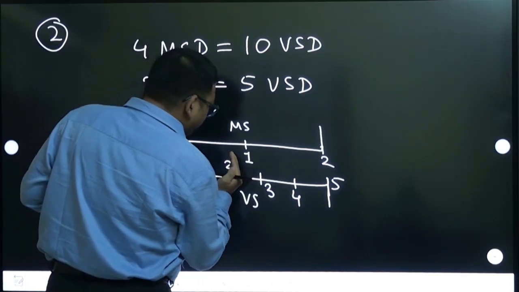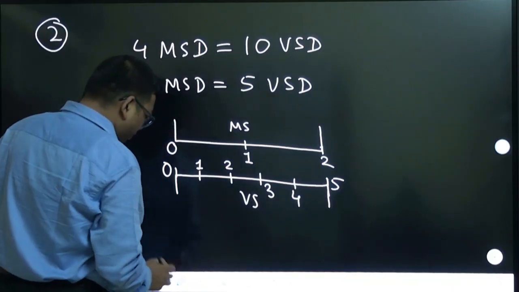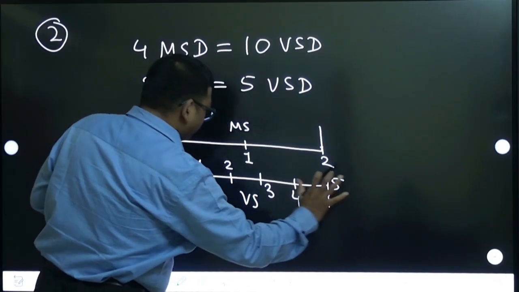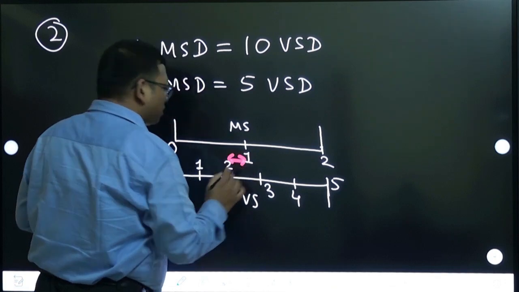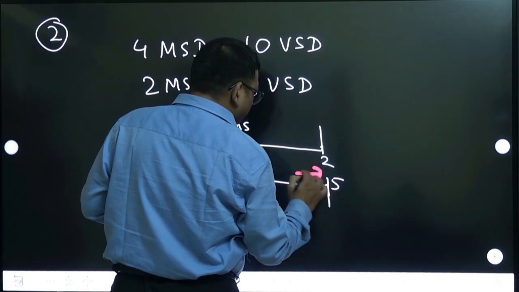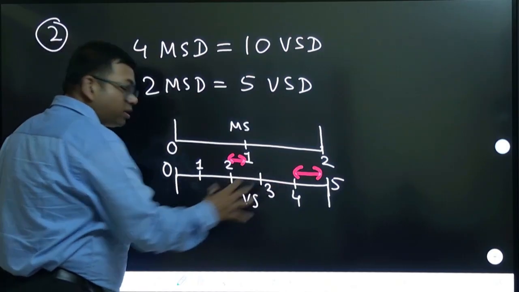If you move this towards the right side a little bit, then 1 of the main scale and 2 of the vernier may coincide first, or the possibility is also there that the 2 of the main scale can coincide with 4. So this is what will happen first.